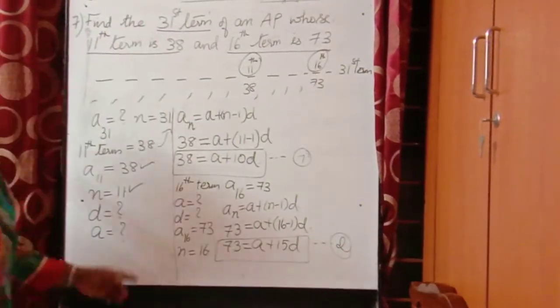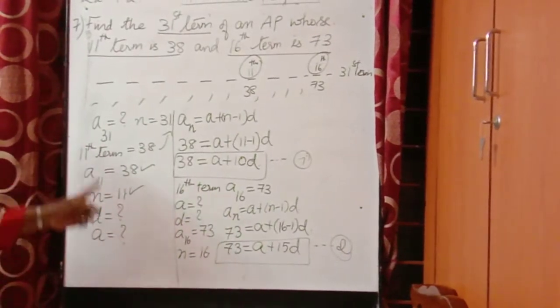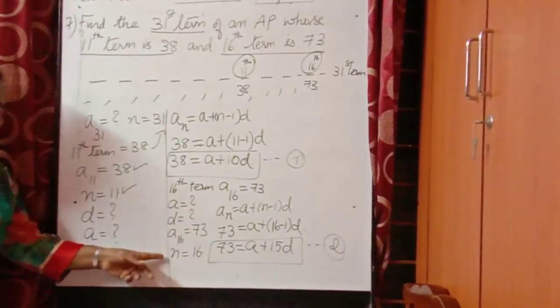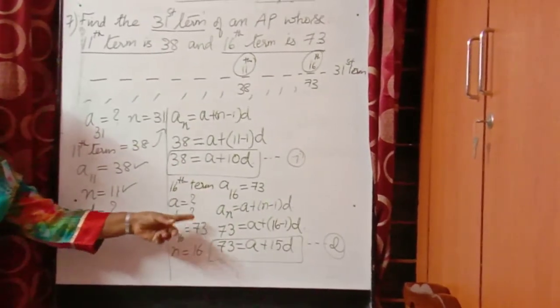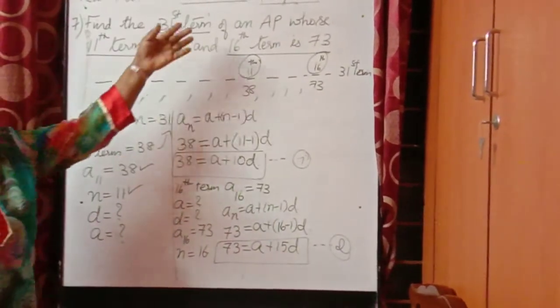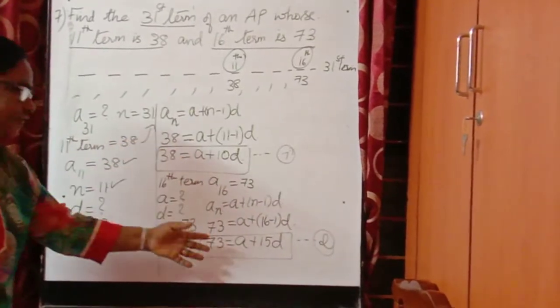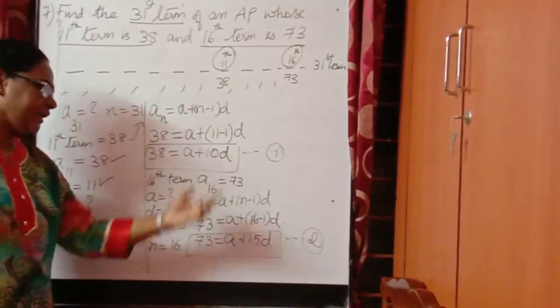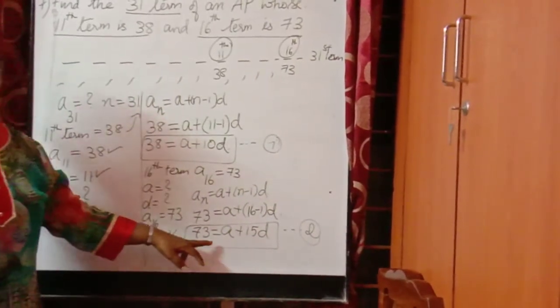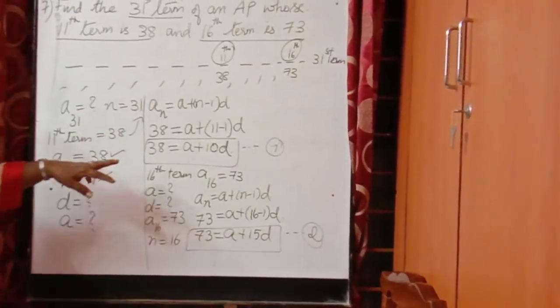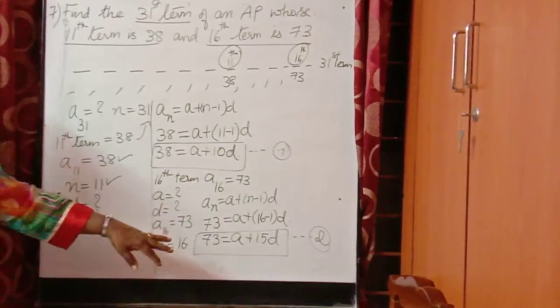Now what I am going to do is, you have to solve these two as simultaneous linear equations. Like how you find the value of x and y in linear equations, similarly you have to find the value of the two unknown terms here, a and d. Now let us see how to solve these two equations.